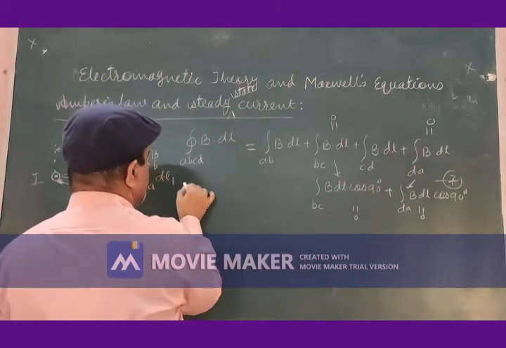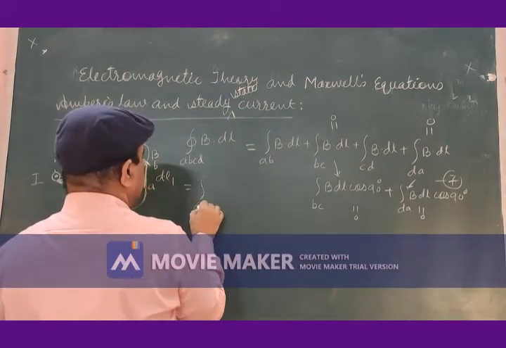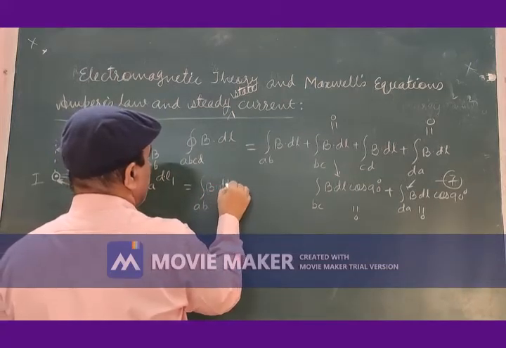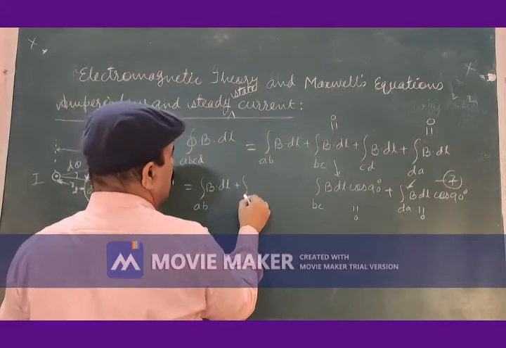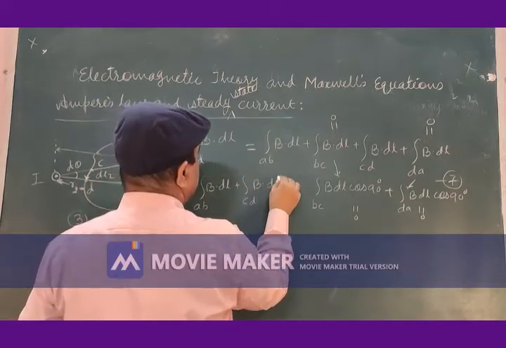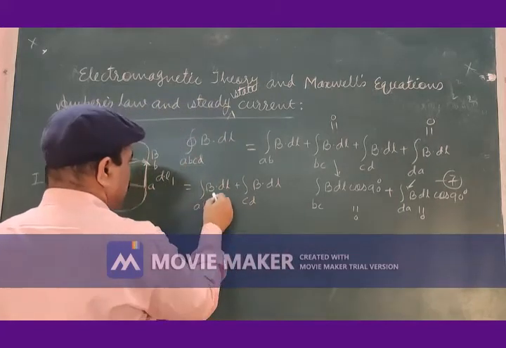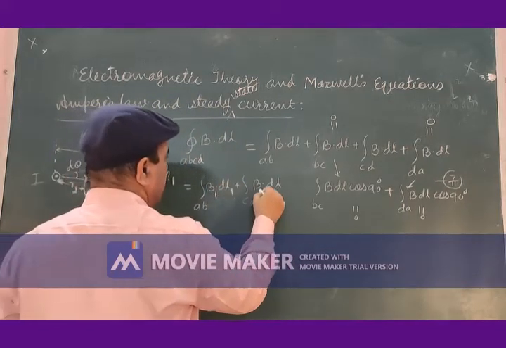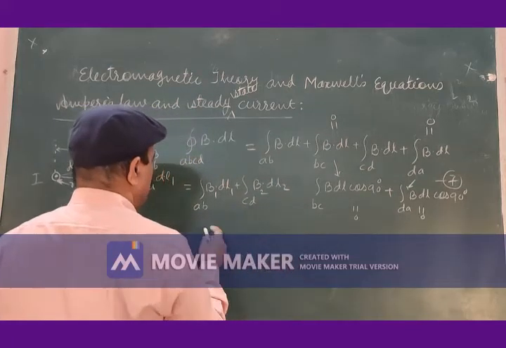So this equation is equal to integration of AB B dot dl plus integration of CD B dot dl. We may call this as B1 dl1, B2 dl2.